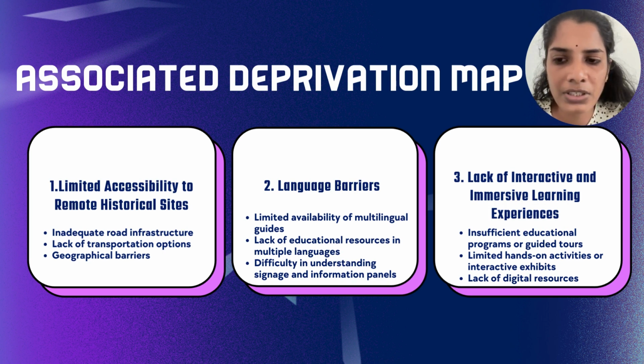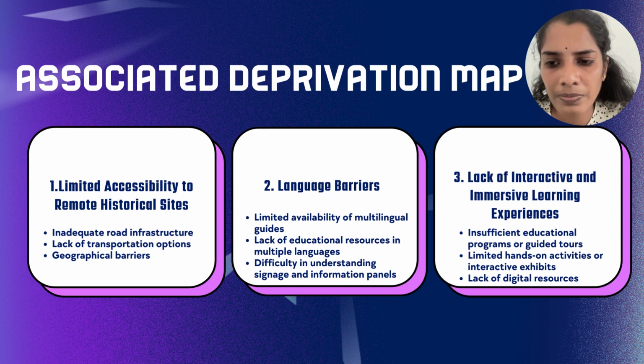The first associate deprivation is inadequate road infrastructure. The lack of well-developed roads in remote areas makes accessing historical sites challenging, particularly during unfavorable weather conditions.